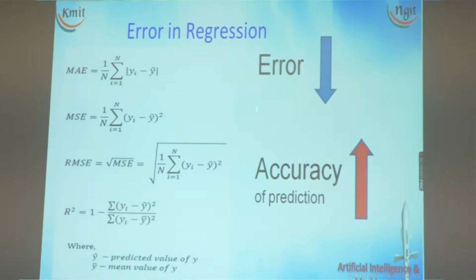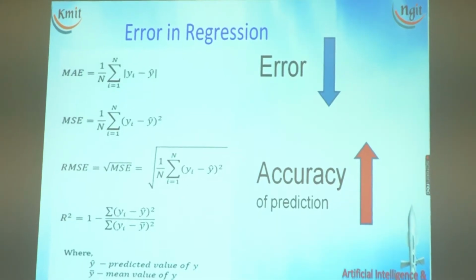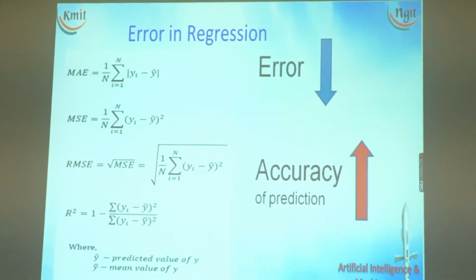What is y cap? Predicted output. Actual minus predicted gives the error, overall for all n. Predicted minus actual gives your error. Whenever we take the absolute, we are converting it to the magnitude of the error. This is called mean absolute error, or we call it root mean square error.